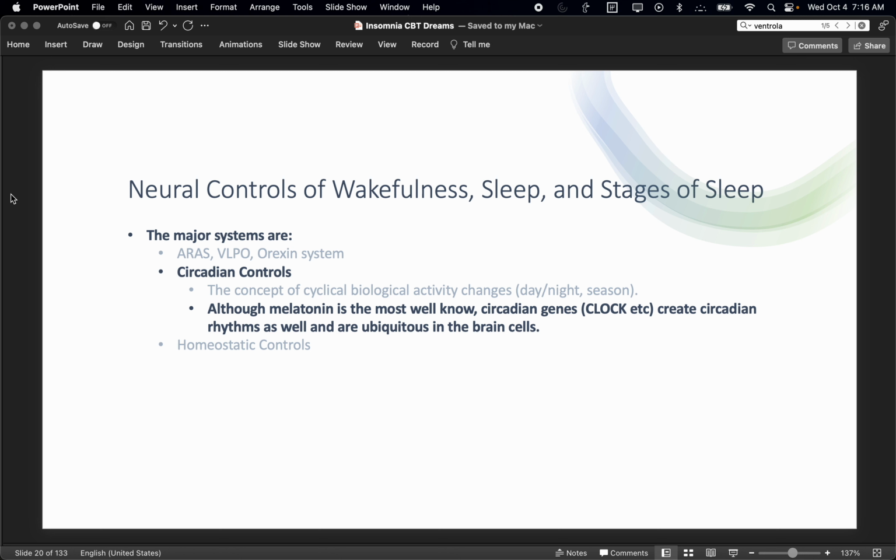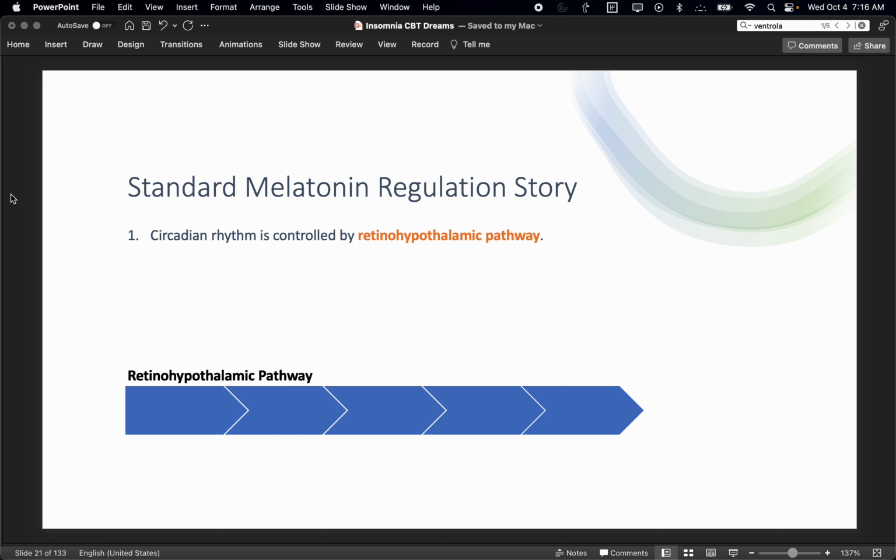They're basically ubiquitous in brain cells and probably every cell in all living things, across kingdoms, including fungi. So a cyclical pattern for all living things is probably to some degree affected by things like the clock gene network.